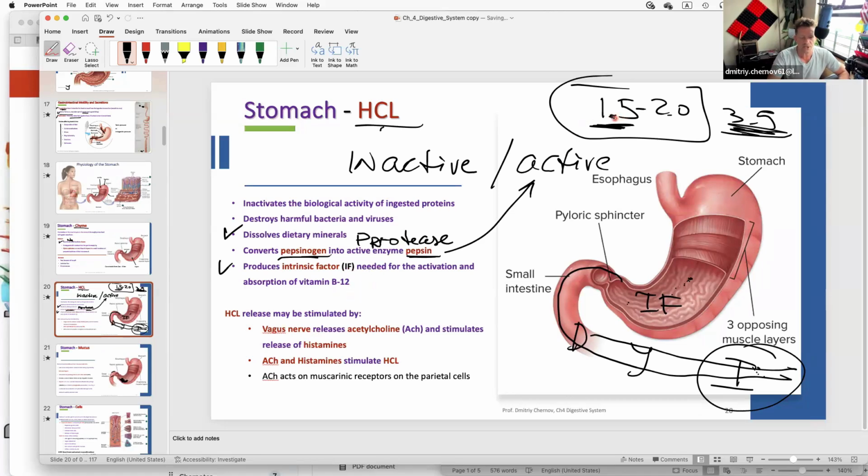If the acidity is not high, like 1.5, and instead it is 3.5, then it would be harder for us to absorb vitamin B12.